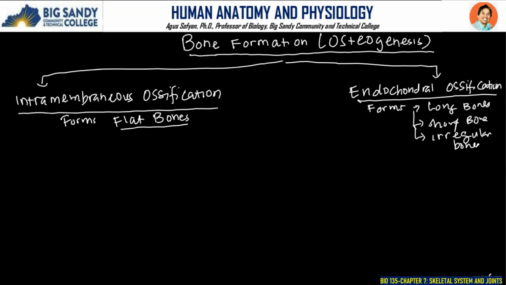Now, how does that process happen? We're going to start with endochondral ossification because it's easier to learn or to see the process. So endochondral ossification starts with a template.